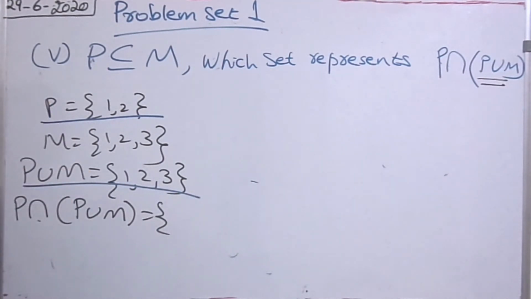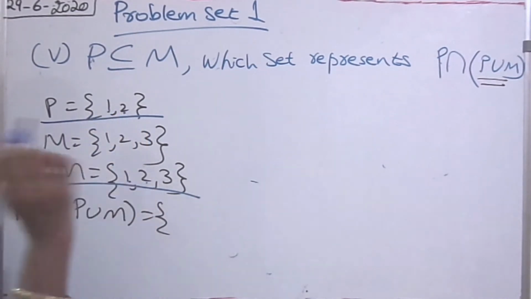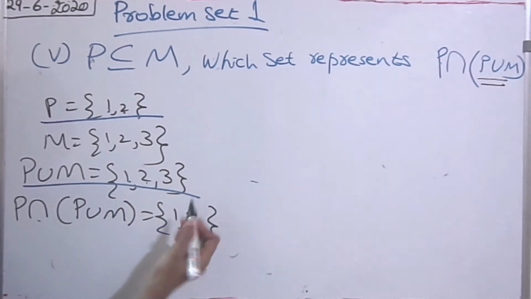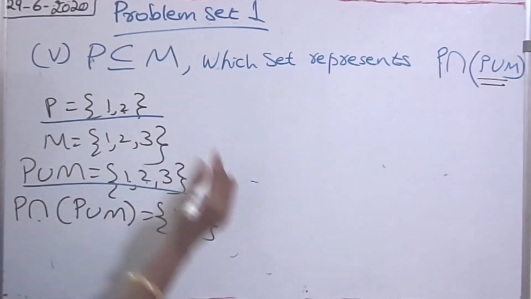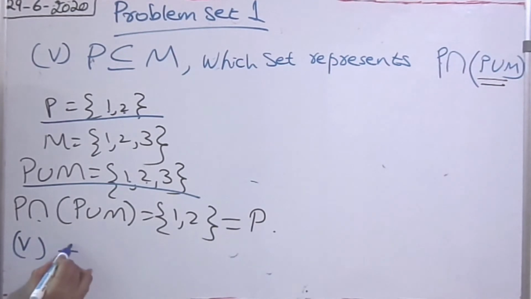What is common in both? 1, 2. So 1, 2 are common. But this 1, 2 is set P. So that means P intersection P union M is P. So which alternative is that? Fourth, fifth sum, the alternative which gives you P.